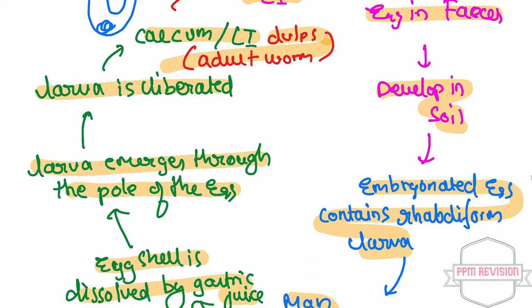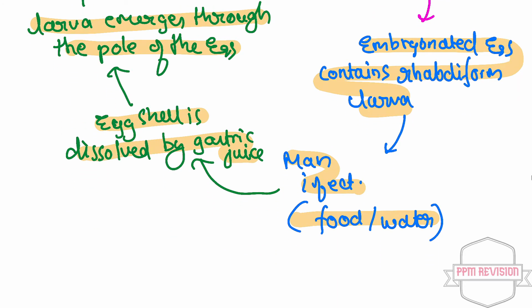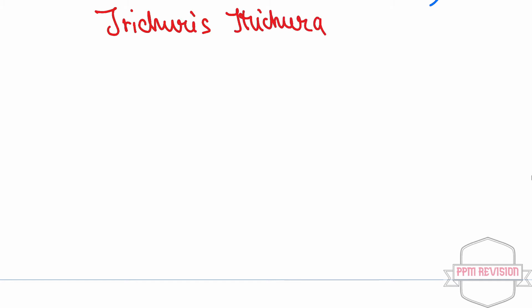Now we quickly look at the morphology. In case of the adult worm, let me draw the adult worm. So we are looking at Trichuris trichiura.